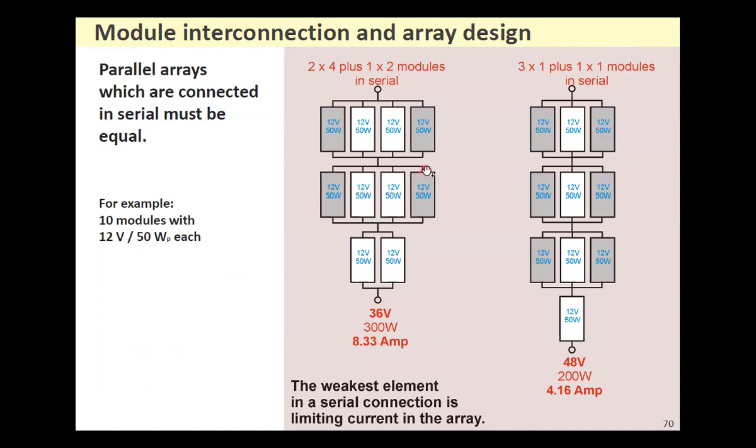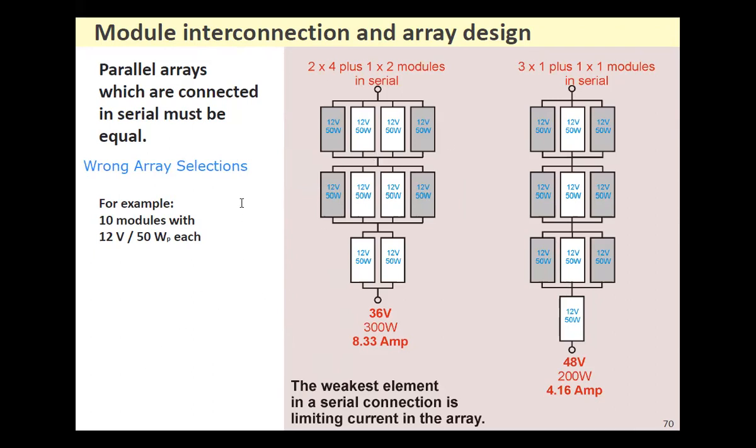Here, this is an example of the wrong design. These are wrong array selections. Both are wrong. Why?